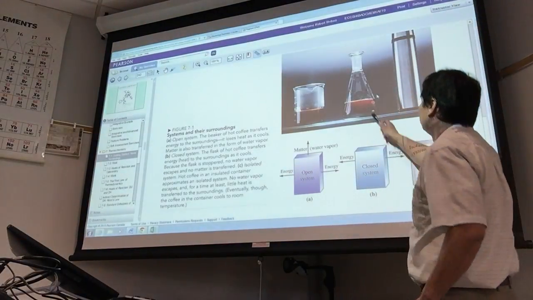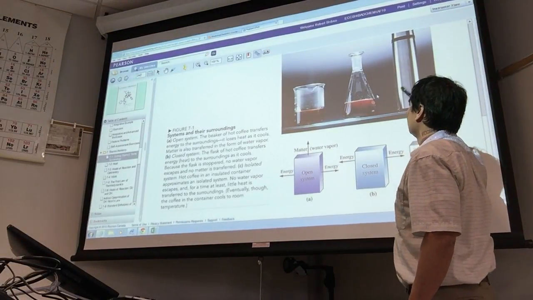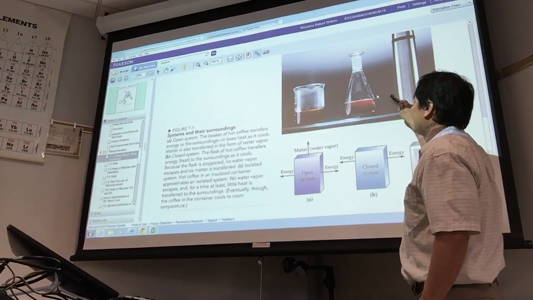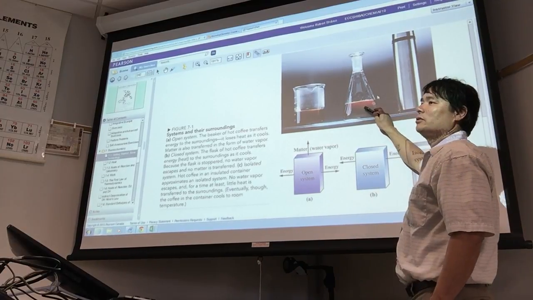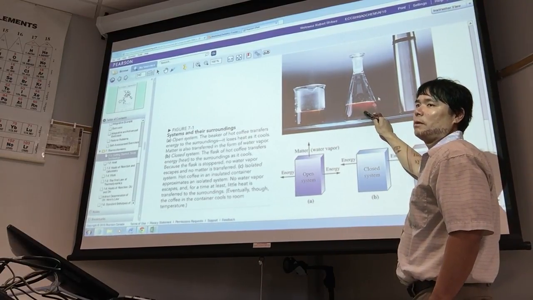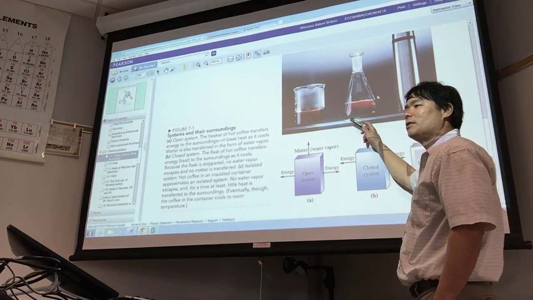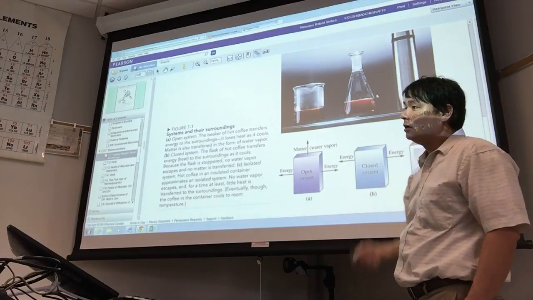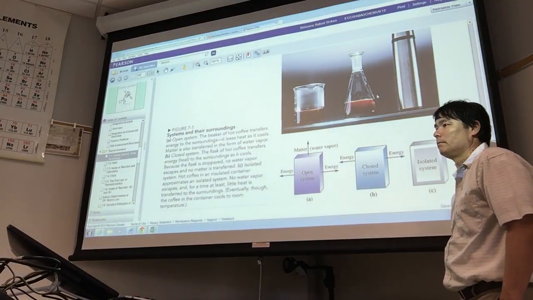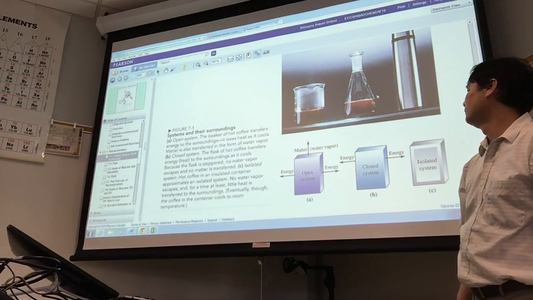If our system's cold, then some of the kinetic energy of our surroundings can be transferred to our system and warm it up. And so our system can either cool down or warm up by the transfer of kinetic energy. That's called heat transfer.